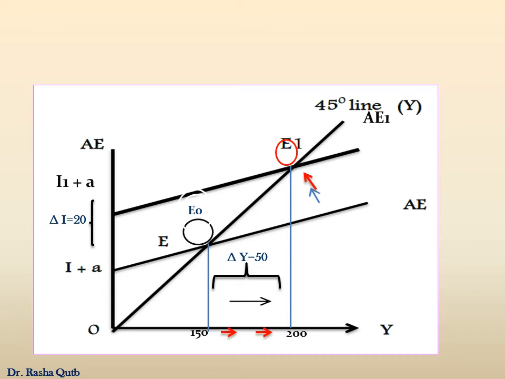From this graph we can calculate the value of the multiplier by dividing the change in Y over the change in I, 50 over 20, which is the same as 1 over 1 minus b.